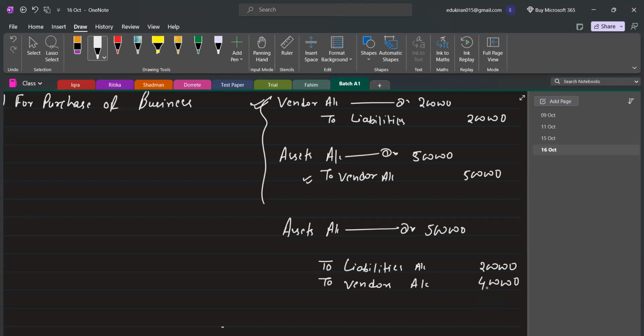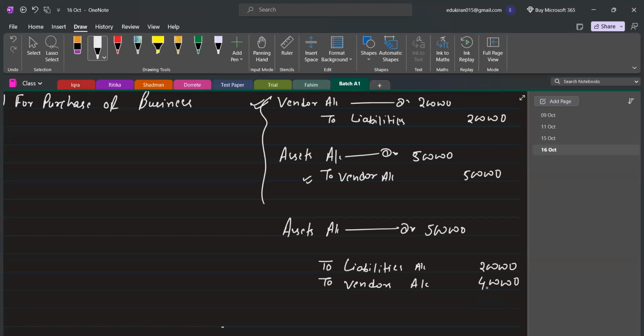Let me clear it once more for you. Let's say I am the seller of the business and you are the buyer. You are a knowledgeable buyer, not a random buyer. You have knowledge of the market, you have knowledge of the business, and you know the estimated price of the business.